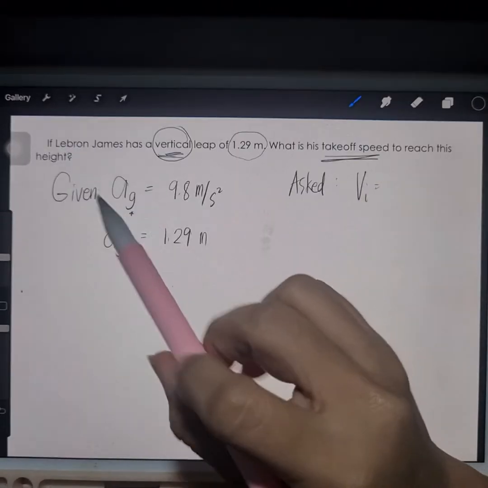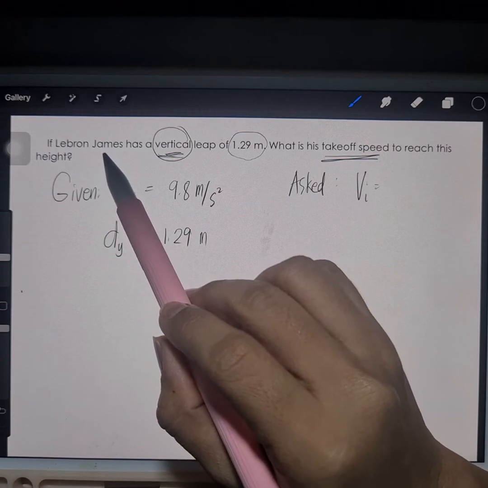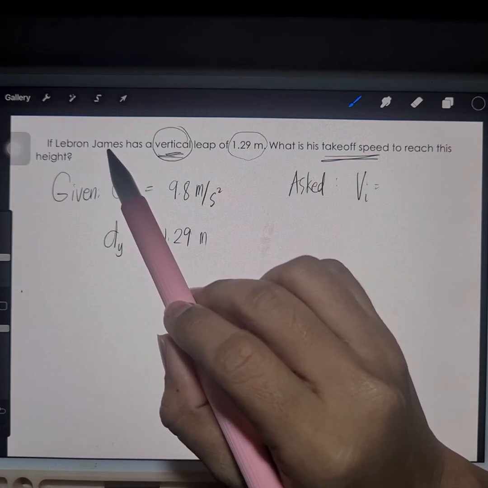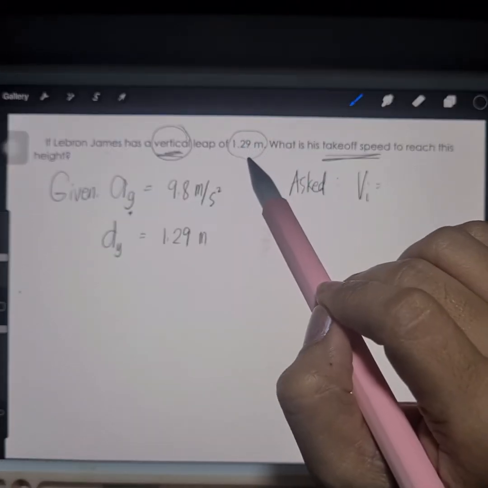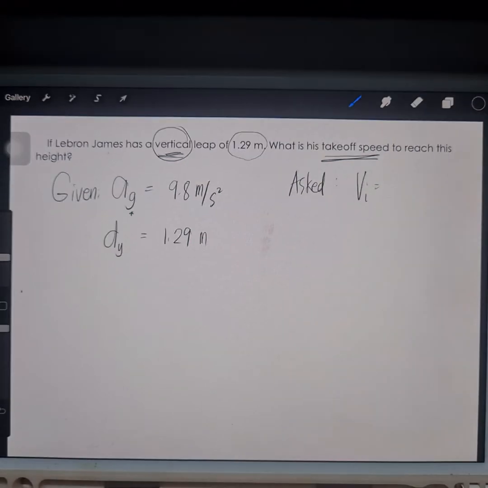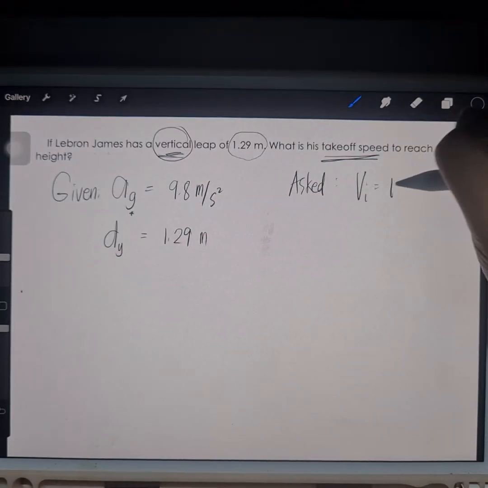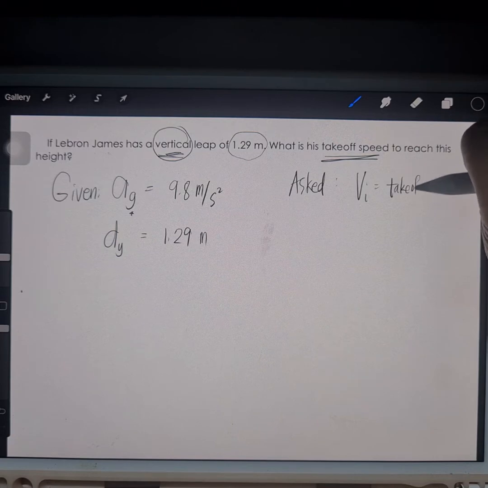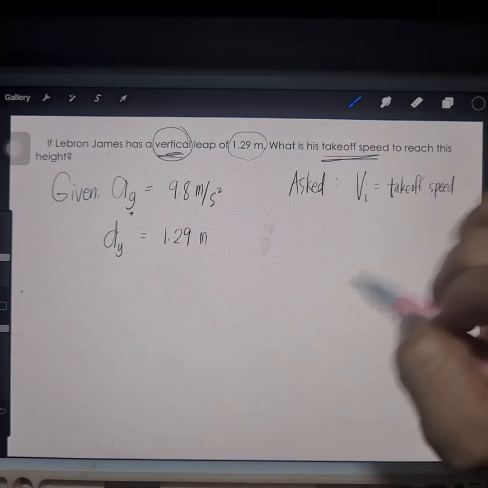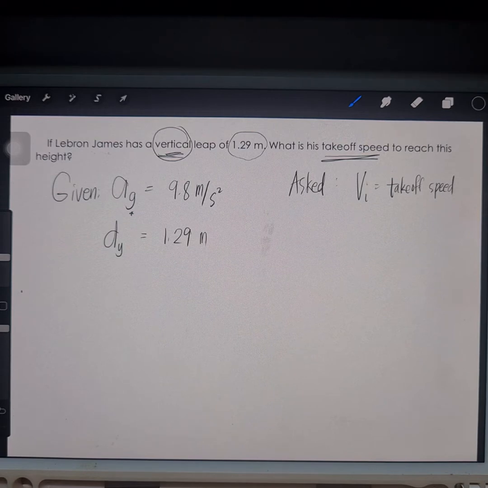What is the velocity of LeBron James for him to reach the vertical leap of 1.29 meters? This is the takeoff speed. We can also say takeoff velocity. Just bear in mind that speed and velocity are related. It's just that velocity is a speed with a direction.